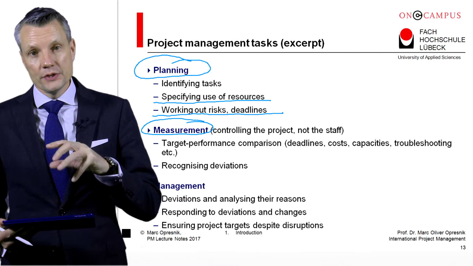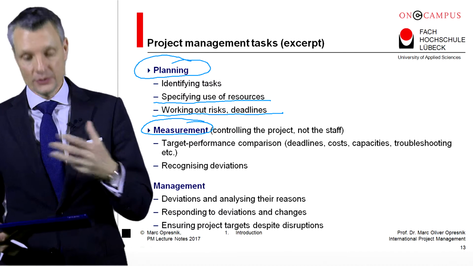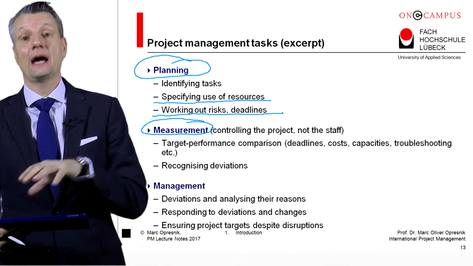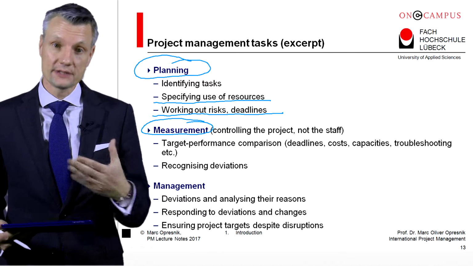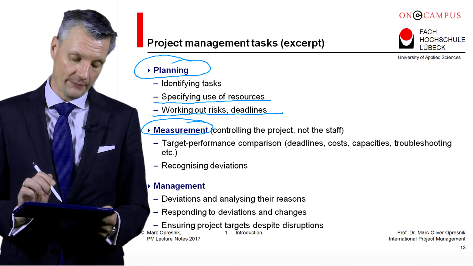After the tasks have been set, you need to measure whether everything is in line, whether the specified deadlines are going to be met by the people, and whether the project is still on time.